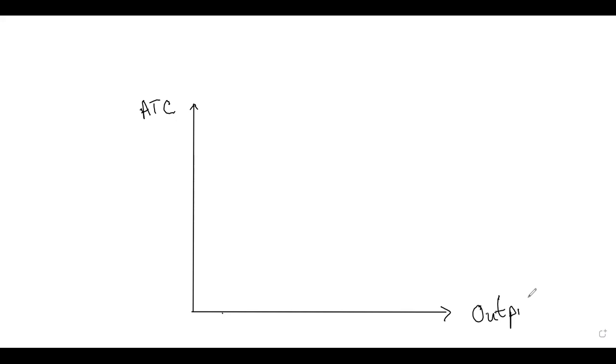Okay, now think about this. The shape of the ATC curve is U-shaped, yes or no? It's a U-shaped graph that shows that the cost will initially decrease, and then it will increase. Is it making sense?